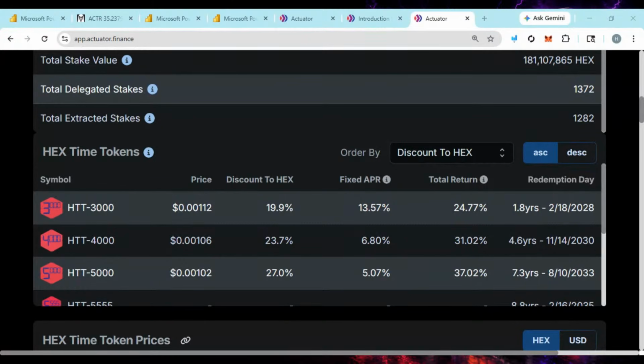They might come back, they might not come back. It's up to them. They get to decide. I don't need to know their motivation. There could be somebody who has 200 HSIs, and they're like, hey, you know what? I'm done. Maybe they come in here and they're like, I'm going to go ahead and take the little bit of haircut, and I'm going to mint my HTT 3000s, and I'm going to go do X, Y, and Z with them, sell them on the market or whatever.